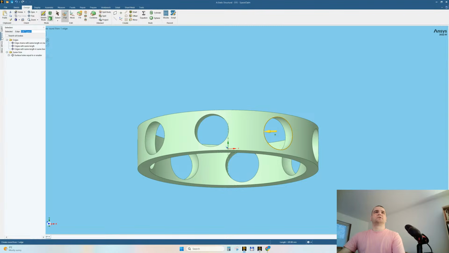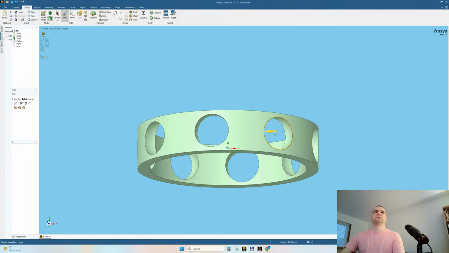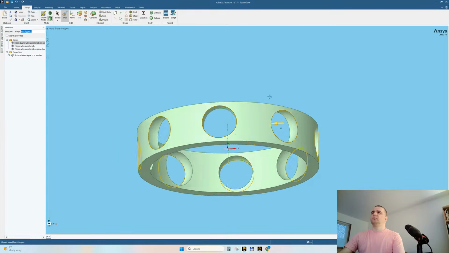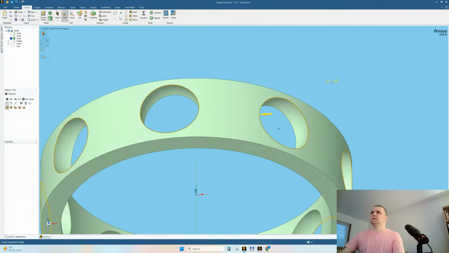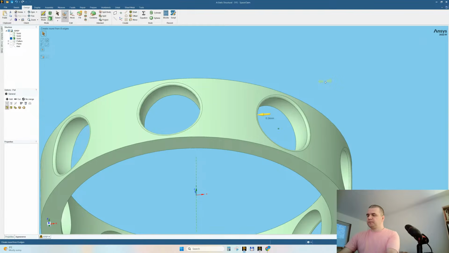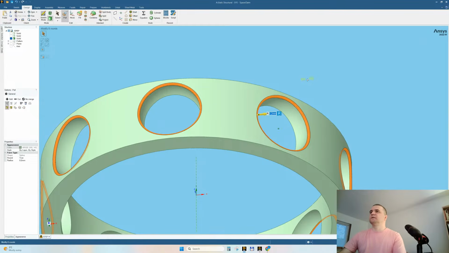Go to selection, and we have edge chains with same length. Yes, they are selected. We can just drag a little to have a radius. Yeah, 0.2. It's more than enough at this moment.